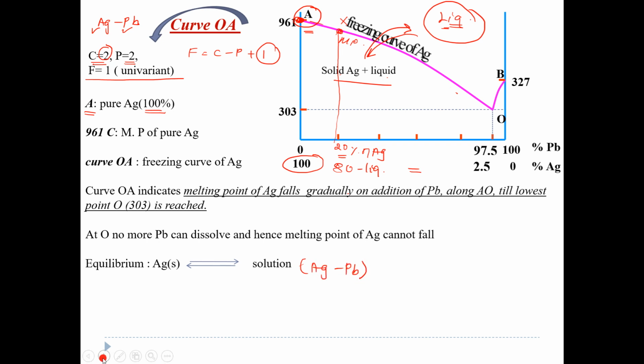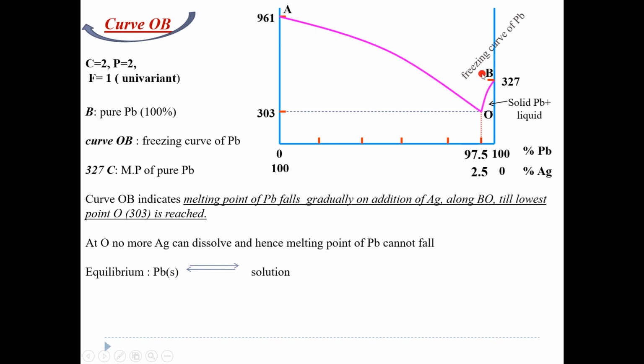Okay. Similarly, we can explain for curve OB. OB is freezing point of lead. If you have understood OA, OB is very easy. So below OB, it is what? Solid lead and the mixture liquid. Getting it? And this is freezing point curve. So above this there is liquid and below this there is solid. So this is the melting point of pure lead. 327 is melting point of pure lead.